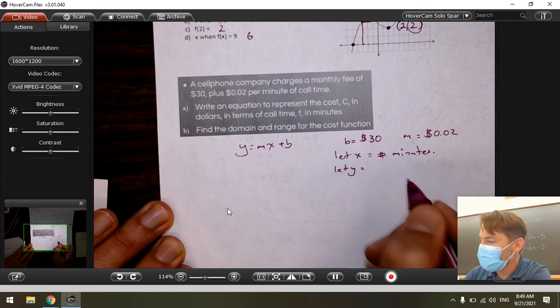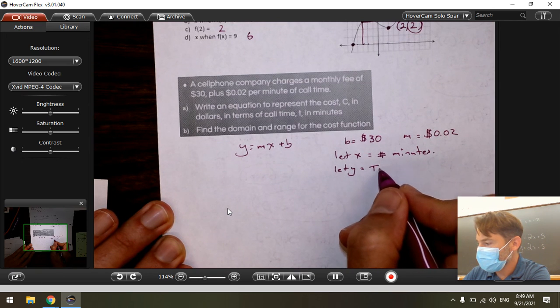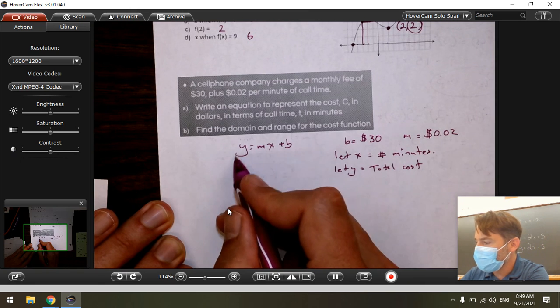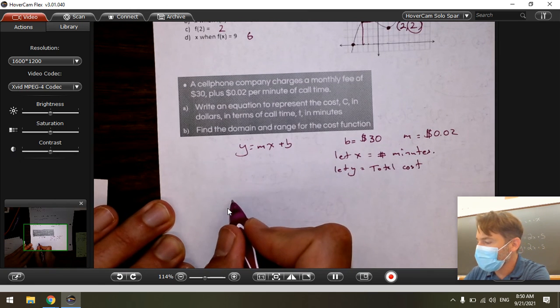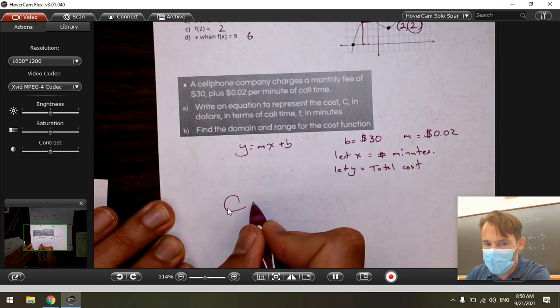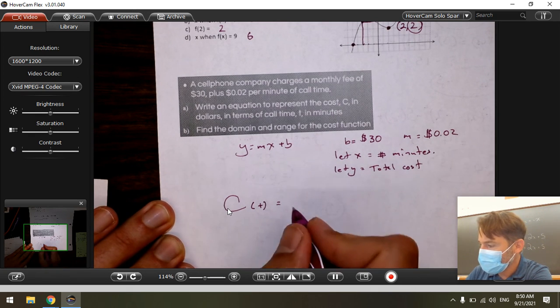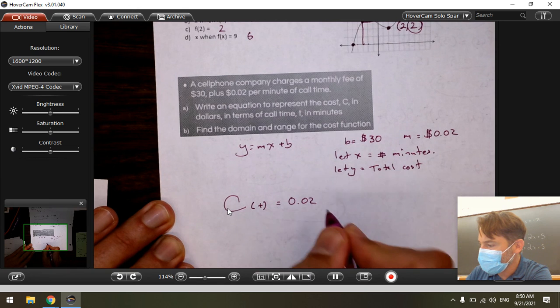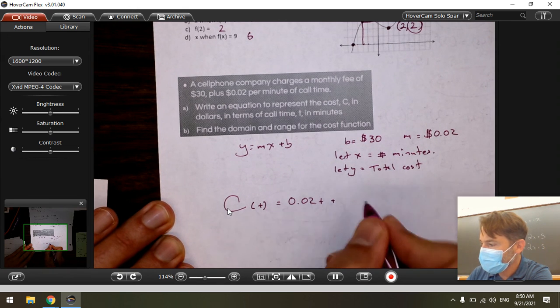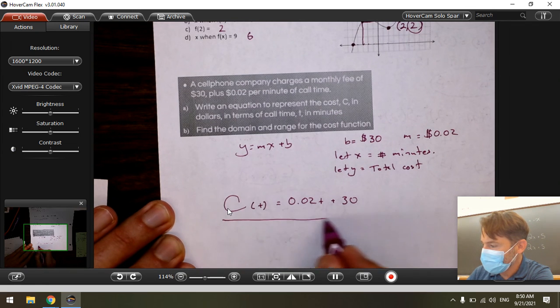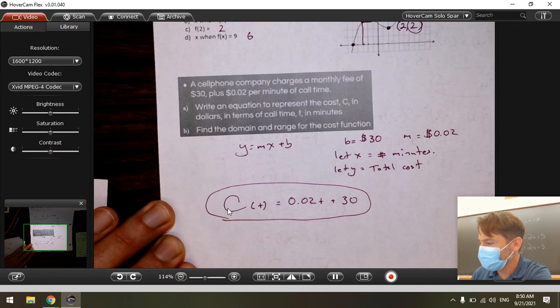Y is the total cost, yeah. So in fact, we're not going to use y equals mx plus b now. We're going to create a cost as a function of time, C of t equals 0.02t plus 30. And that, my friends, is circle at final answer.